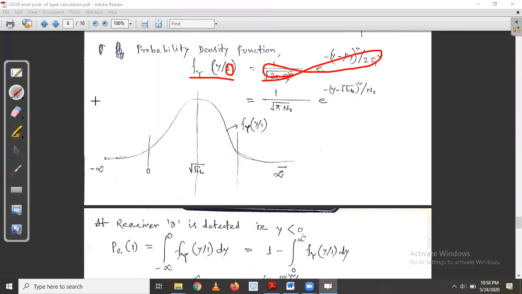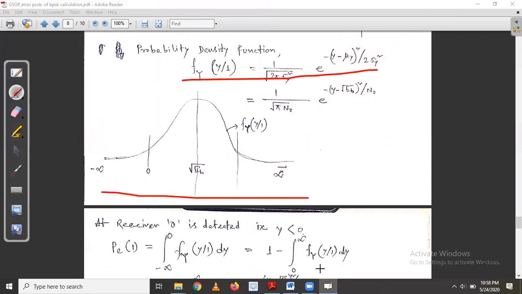Okay. Now, for this, this is the curve which extends from minus infinity to plus infinity, having some threshold value. Okay. So actual bit is 1, which is transmitted, but detected bit is 0. That means we have to perform the integration of the probability density function in this region, that is minus infinity to 0.